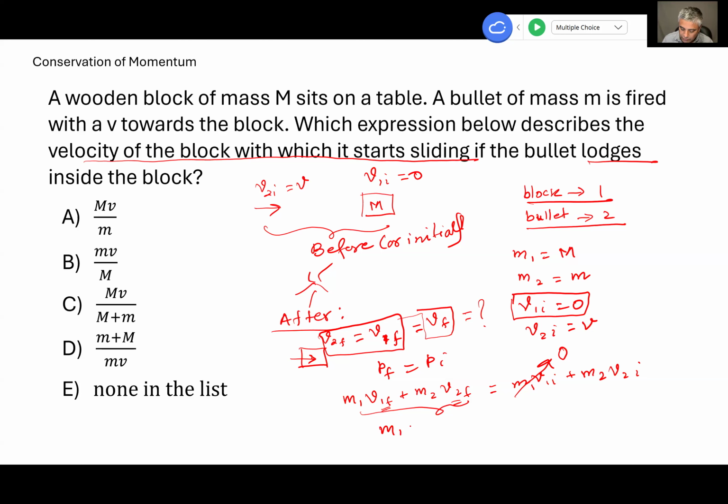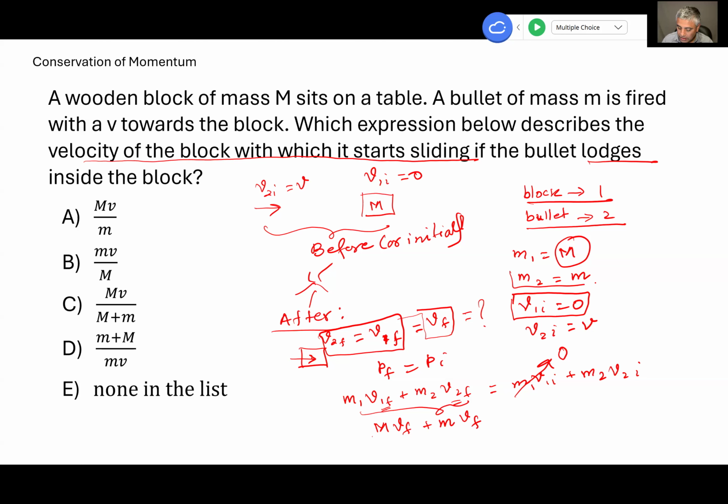So I can write M1, and since this is just VF, I think I can also start plugging in the M1. So what is my M1? This is M. What is M2? Oh, V1F is VF, let's say. And this is M, VF. Okay.